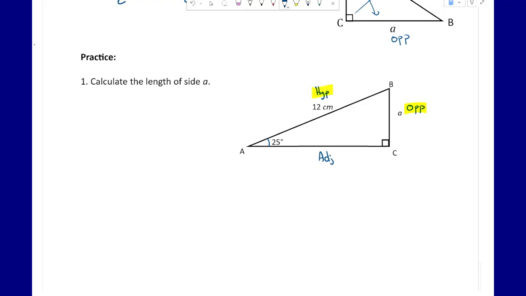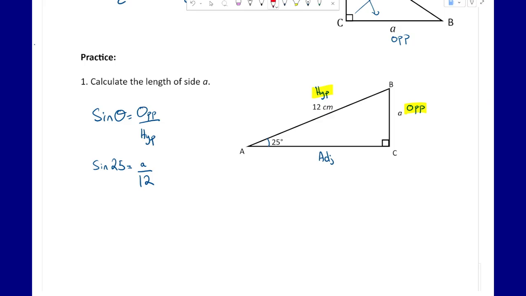We are dealing with the opposite and the hypotenuse. We're given the hypotenuse and looking for the opposite, so that means we are using sine. I'm going to write out my formula. Sine of an angle is equal to the opposite over hypotenuse. Sine 25 is equal to x, or side A, over 12.